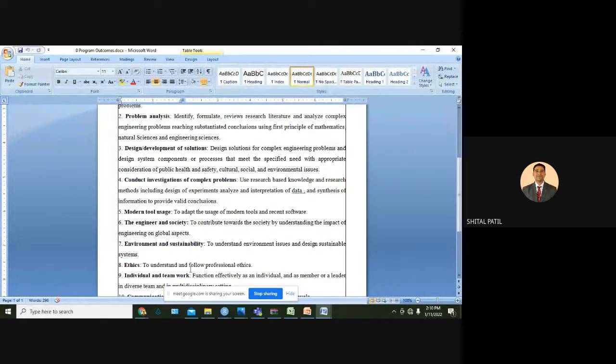Now see, the first 5 POs are related to the academic things, usually considered the engineering part. We should be able to use modern tools, analyze the problem, and develop something new. All of that is related to academics, but not only academics.